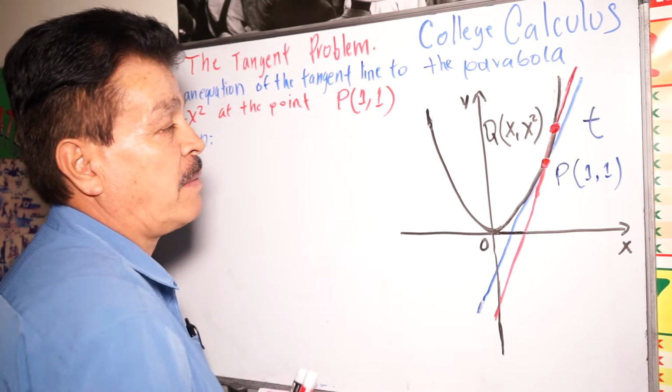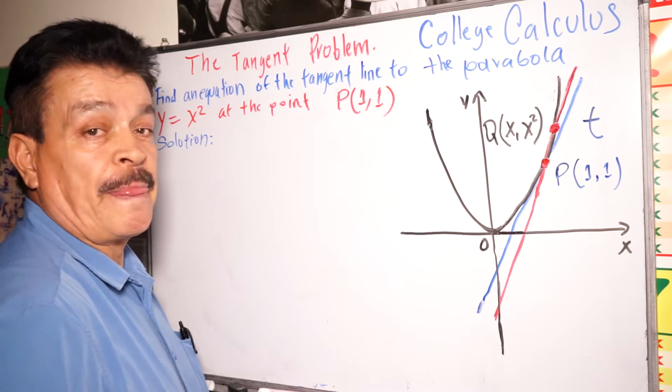But we have two lines here, two secants. One is T, that we have to find the equation of.